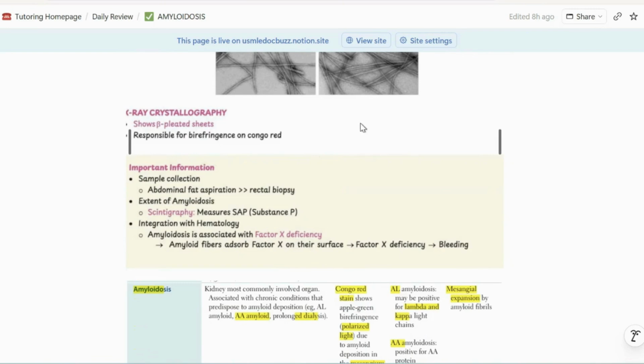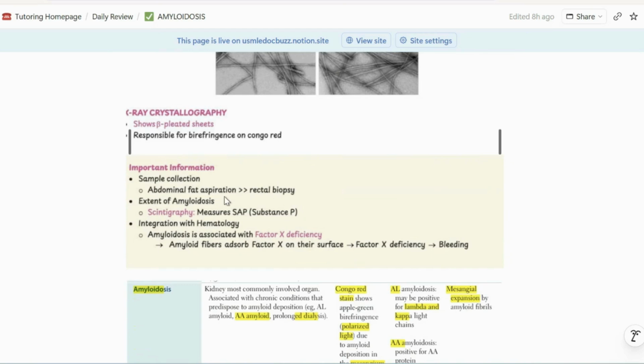Usually, as I said, you have to do an autopsy in order to get the gross specimen. But what they typically do to stage a person is either collect abdominal fat or take a rectal biopsy. You see which one is more preferred. People would love to take their fat out to test for amyloidosis, but amyloid fat aspiration is much more invasive than rectal biopsy.